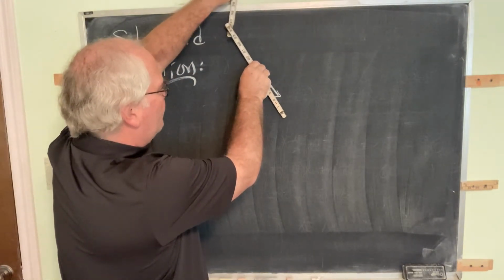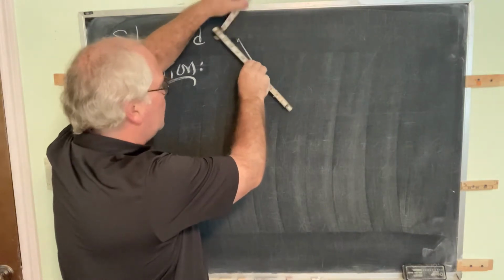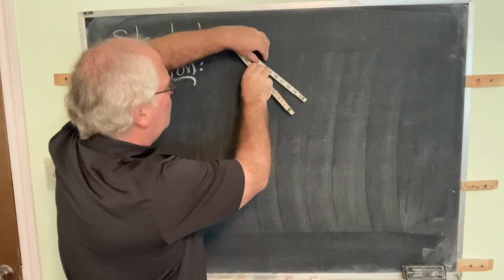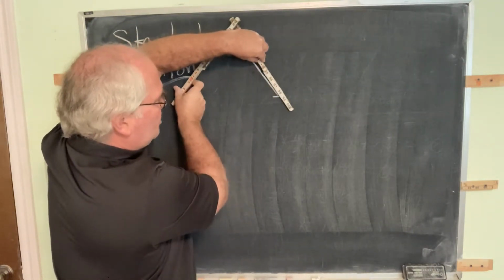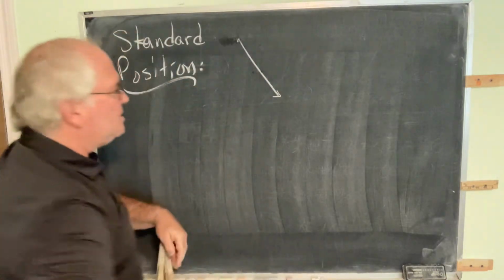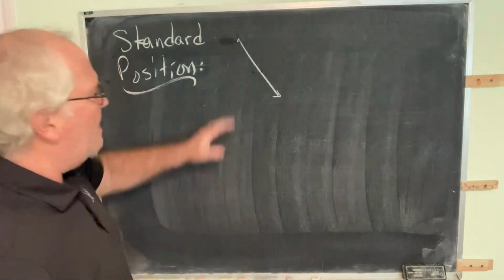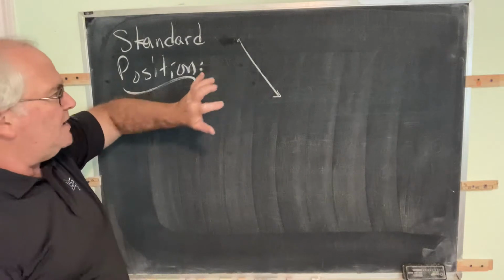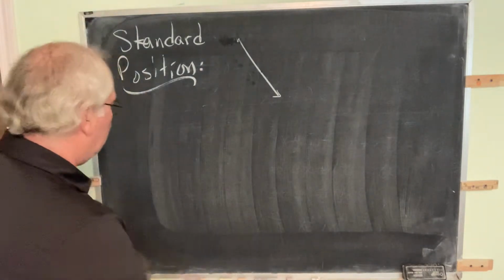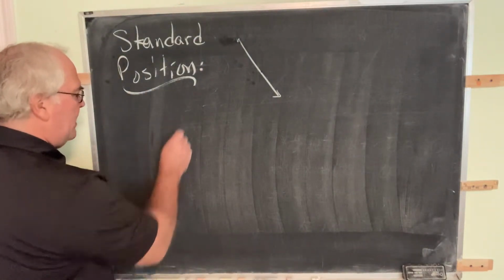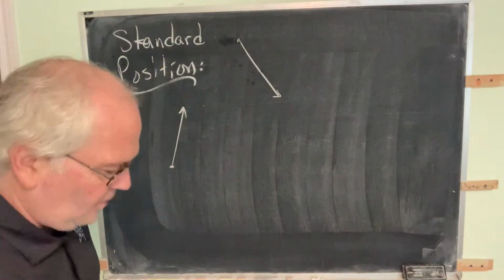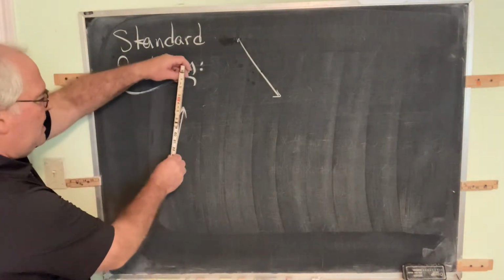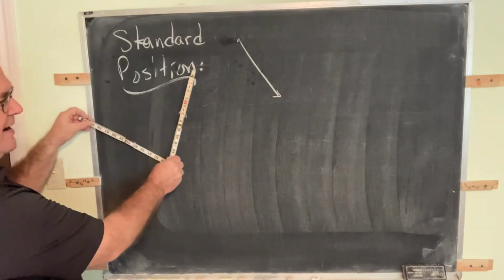We rotate it however many degrees we want, or if we wish, in the negative direction. There's nothing in that definition that specifies where this ray might be located. You could start with a ray down here, use that as the initial side, and there's the terminal side, and there's my angle.